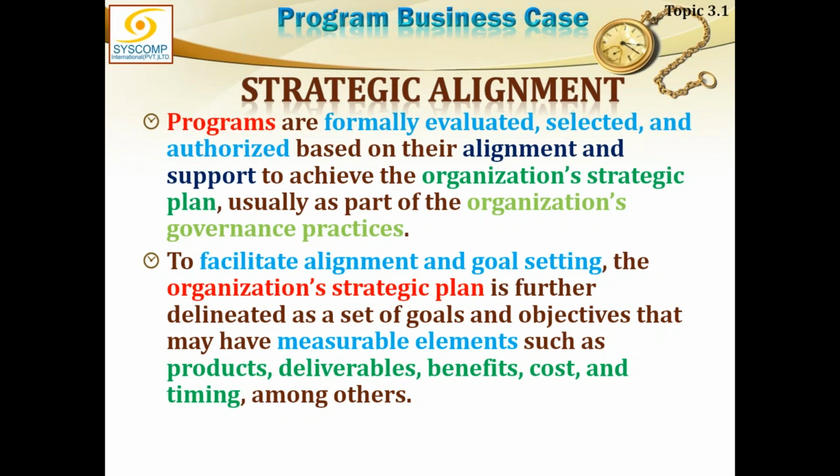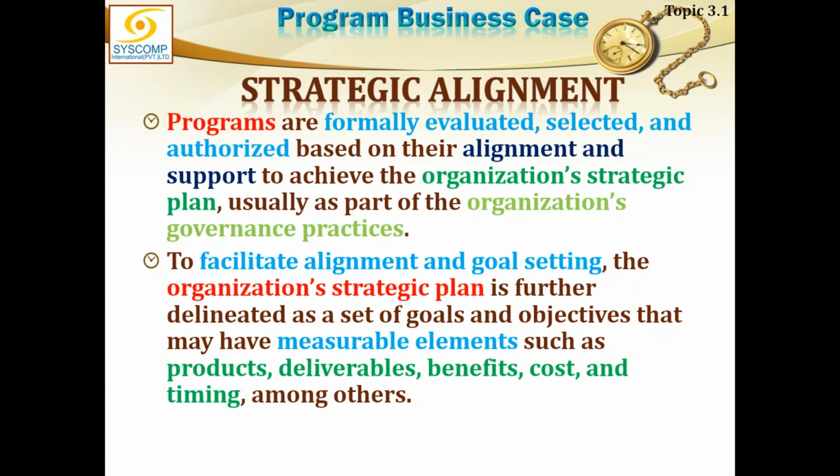Programs are formally evaluated, selected, and authorized. So whenever a new project comes, you need to evaluate it. You must have some criteria, maybe the KPIs or something else. So you will evaluate it formally, and after the evaluation, what is left behind is selected, and then it needs to be authorized based on its alignment and support to achieve the organization strategy.